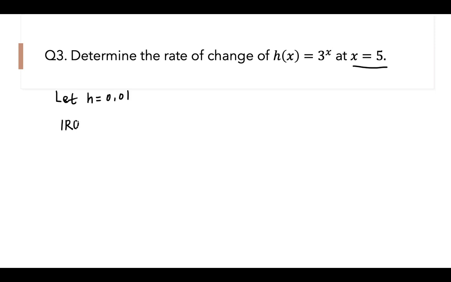So let's write down the formula. Instantaneous rate of change, so we know a is 5, so f of (5 plus h) minus f of 5 over h. So this h is coming from the function, okay, not the difference h of 0.01.